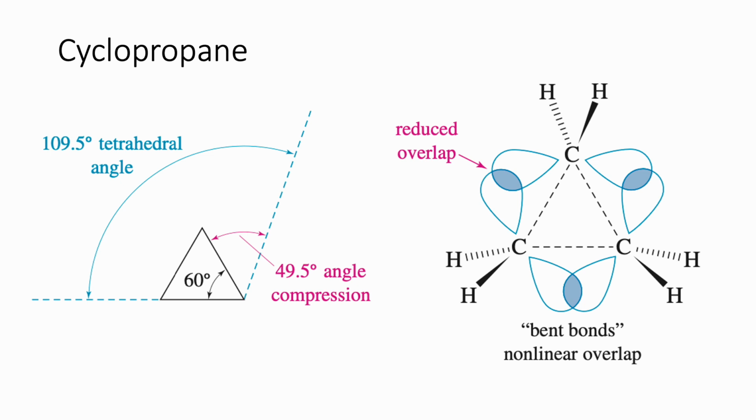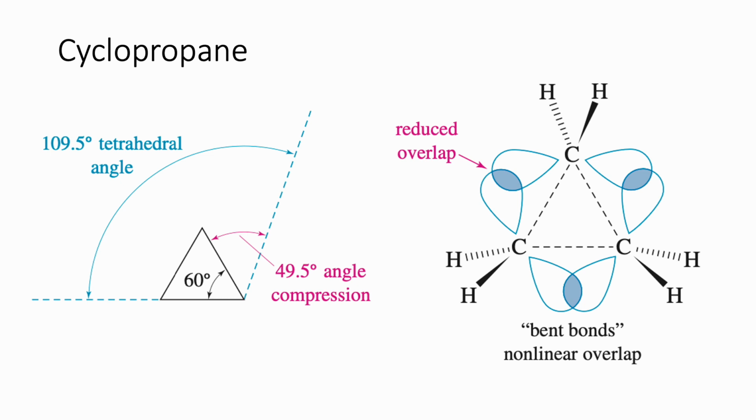So all of these sp3 hybridized atoms would have a 109.5 degree bond angle if it weren't for them being stuck in this triangle shape. This triangle shape prevents them from having a 109.5 degree bond angle, because in a triangle the angles must be 60 degrees.